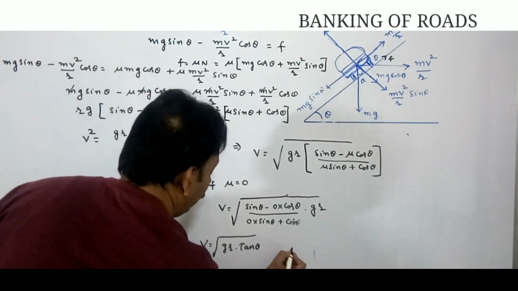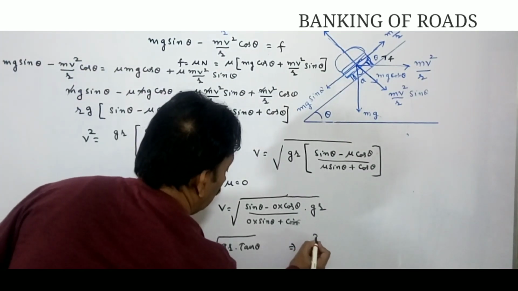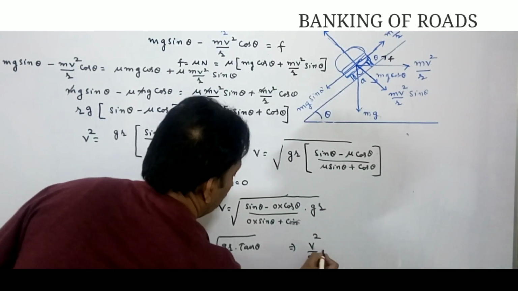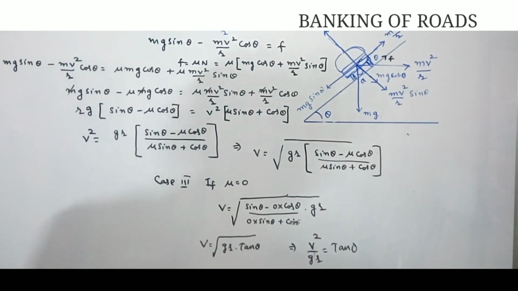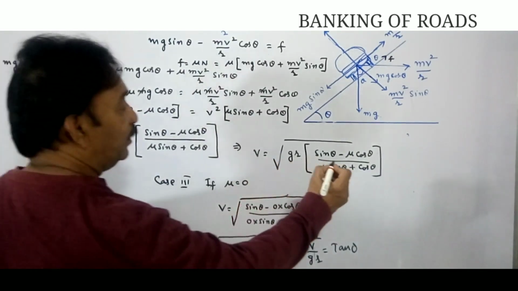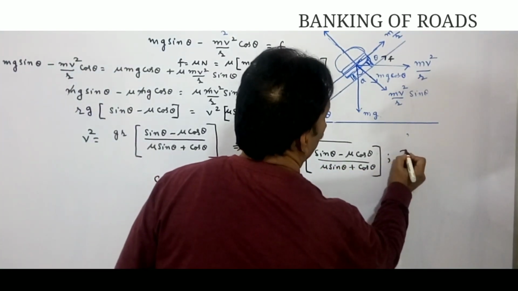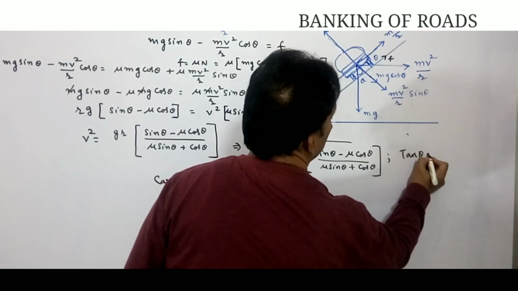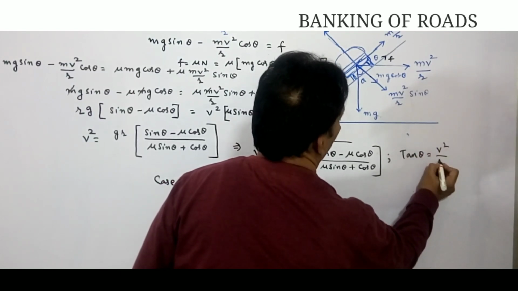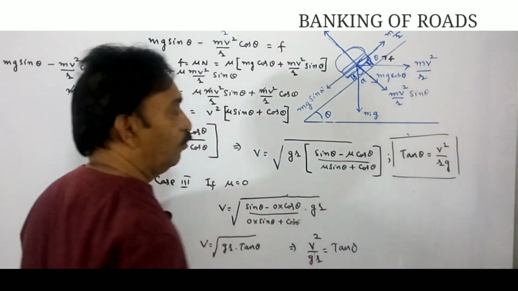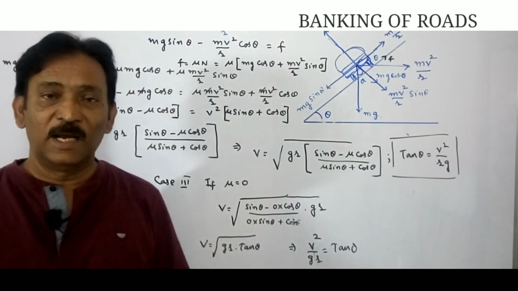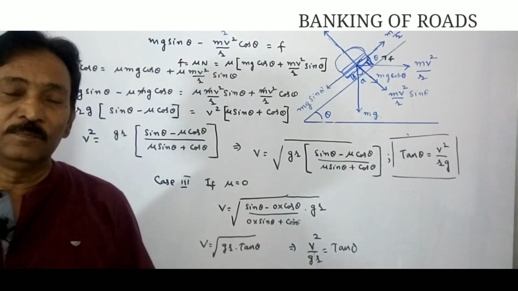Or simply, you can write v square by gr is equal to tan theta, and tan theta is equal to v square by rg, where theta is known as the angle of banking.